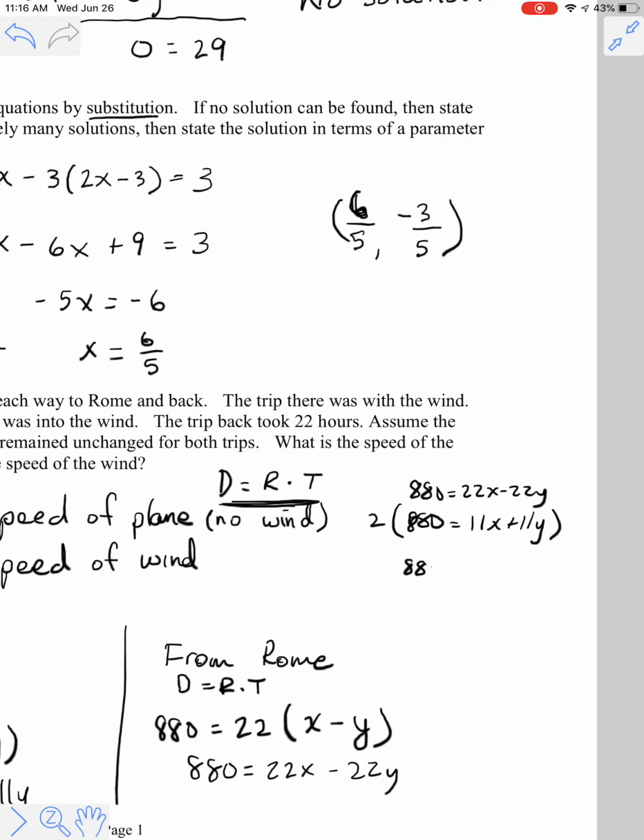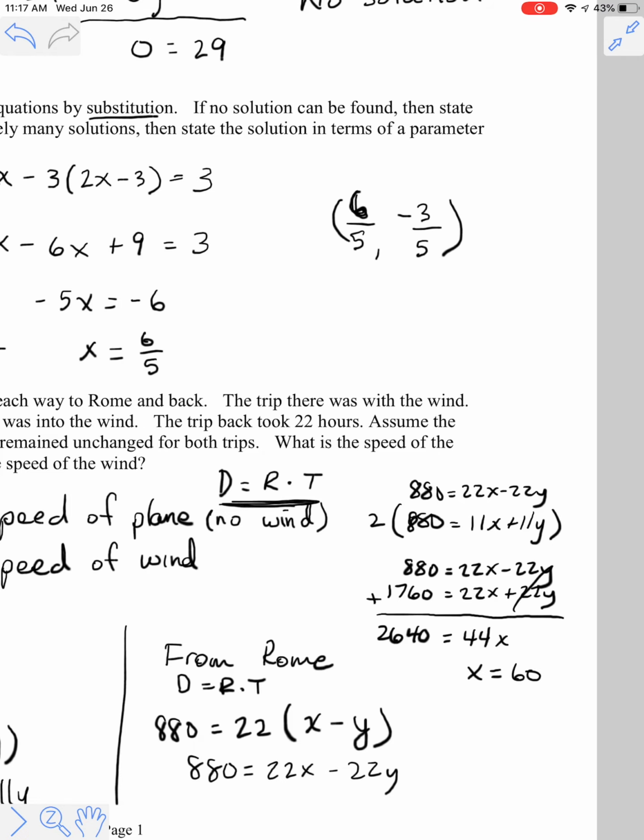So I get 880 equals 22x minus 22y, and then 880 times 2 is 1,760 equals 22x plus 22y. I can add these two equations, eliminate the y variable, and get 44x equals 2640. If I divide by 44, I get x equals 60.